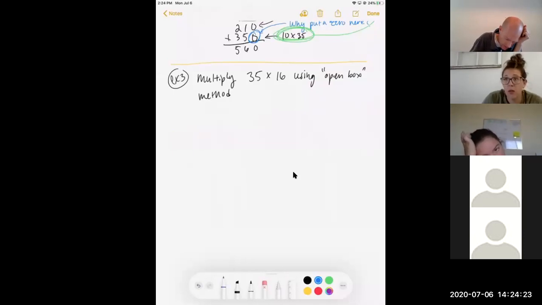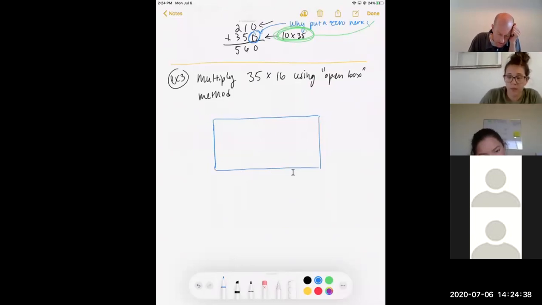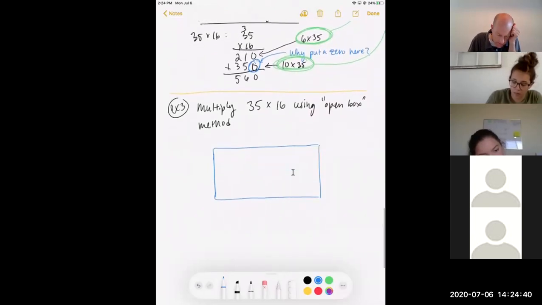So I'm going to draw a box. Okay, so it's similar to what we've done before with the base blocks. And we need to divide, again, our 35 and 16 into 10s and 1s. On the top I did 35, so it's 30 plus 5. Now the 35 is going to technically run along this dimension here. So there's 30 here and there's 5 here.